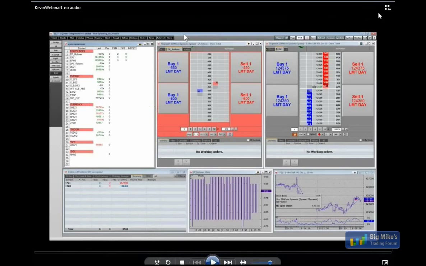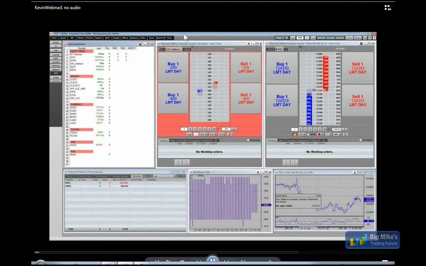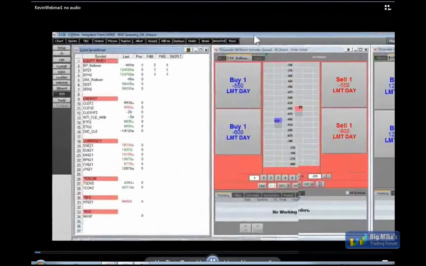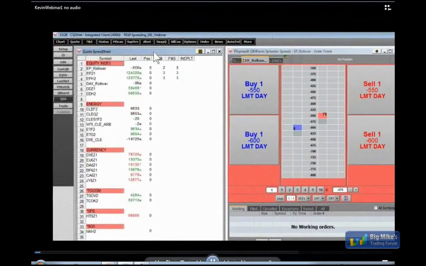And now in front of us we've got a recording of a previous trading session. I'm going to walk through this with you and explain some of the things that we'll see here on the screen. Essentially what we've got is this very simple workspace. As we see here, I've got a quote spreadsheet.